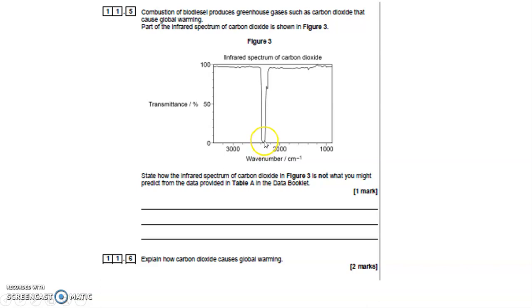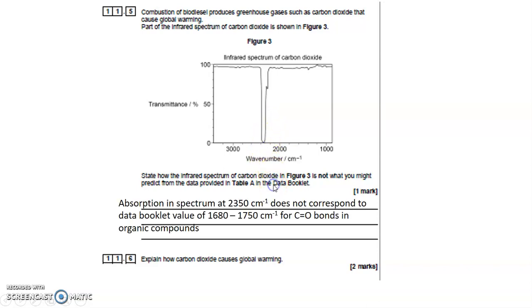Well, you'd expect carbon dioxide would be a carbon with a double bond to O and another double bond to O, CO2. With 2 carbon to oxygen double bonds, the carbon has 4 bonds. Yet this doesn't correspond with the C double bond O value. So the absorption at 2350, which is here, doesn't match the data book value of 1680 to 1750 for an expected carbon to oxygen double bond.